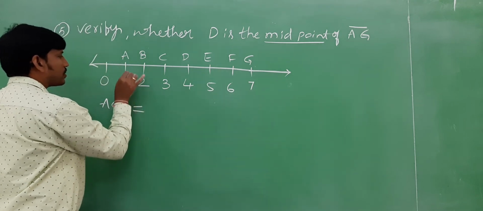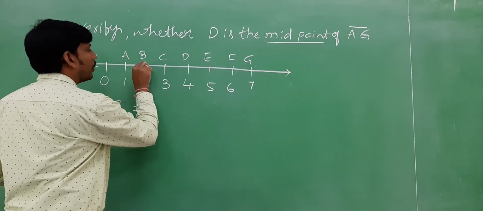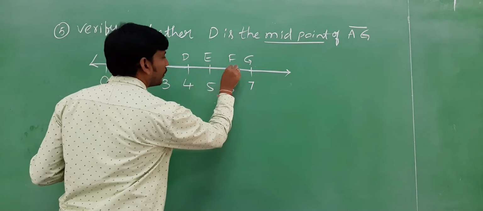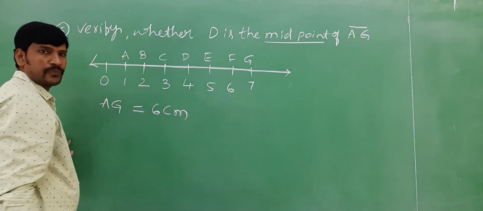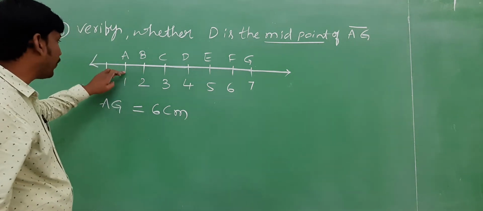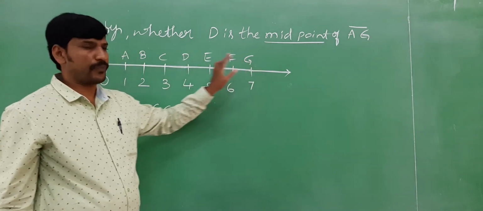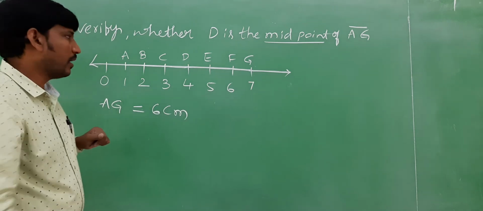AG is equal to, from here, 1, 2, 3, 4, 5, 6 centimeters. Totally it is 6 centimeters. Each division is 1 centimeter. From 1, count up to 7. From 1 to 7, totally 6 centimeters are there.